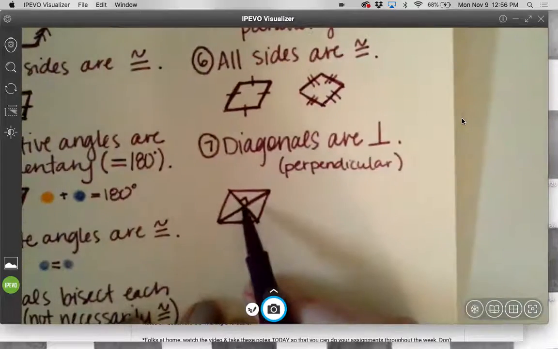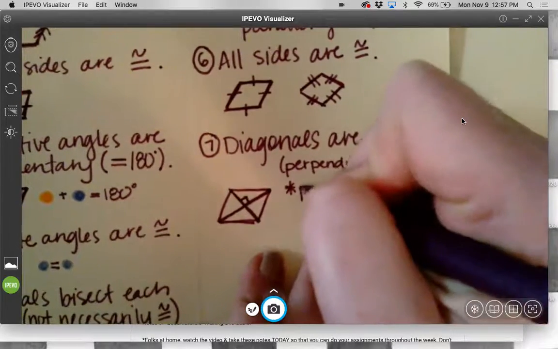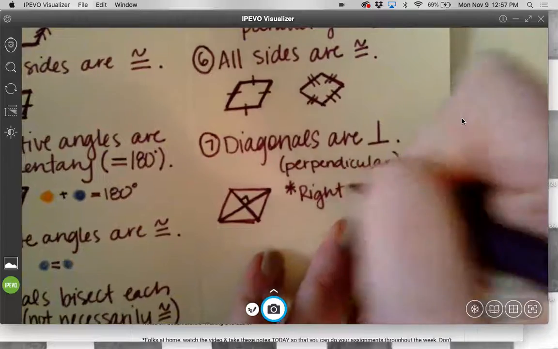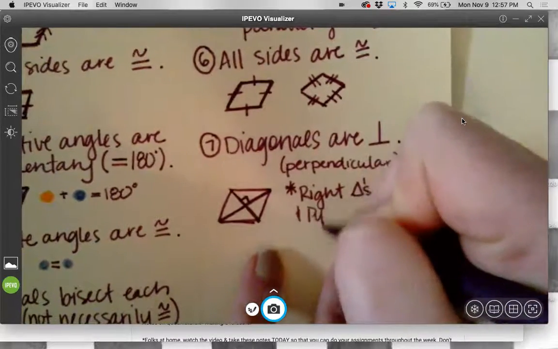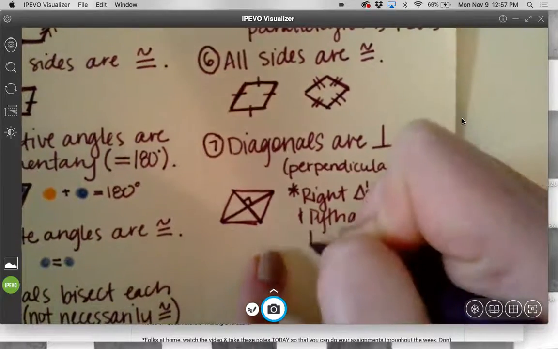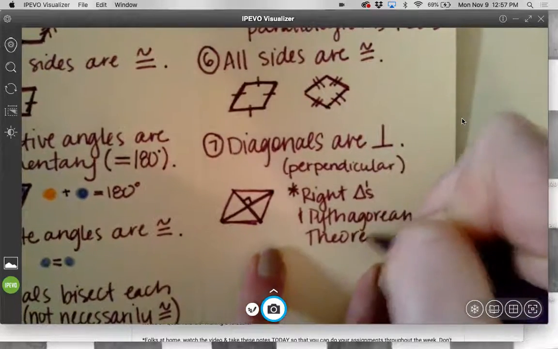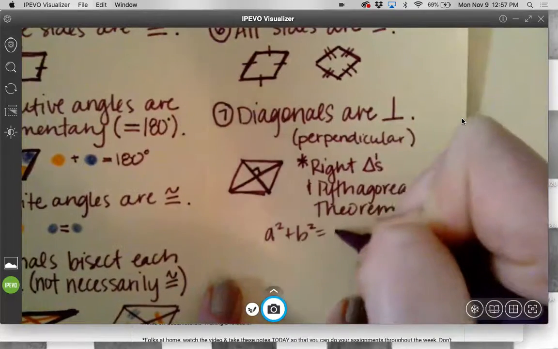But you still have a right angle here, even though it's in the center where the diagonals meet. So we're still going to put over here a little star, right triangles, and Pythagorean theorem. A squared plus b squared equals c squared.